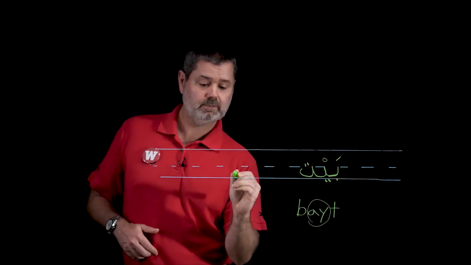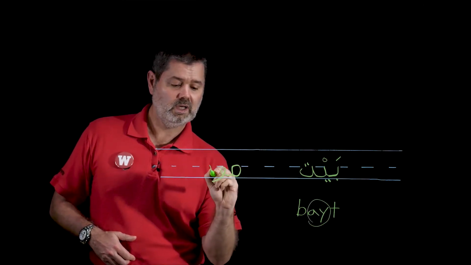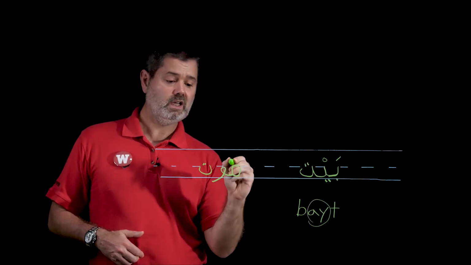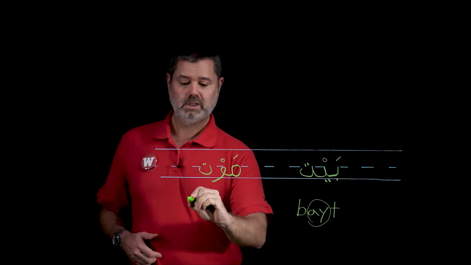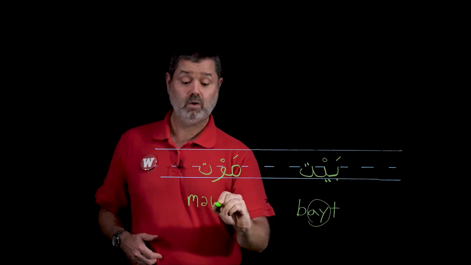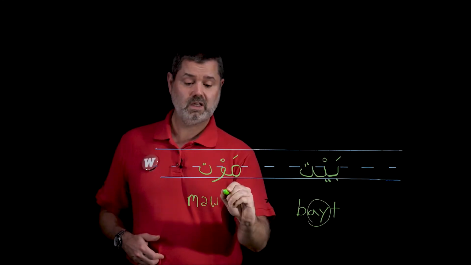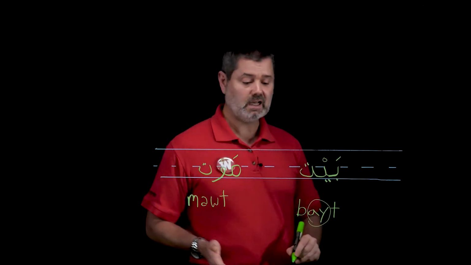Well, let's take a look. Meem, waw. Okay, you might say that's moot if it was a long vowel, but what if I do this? Well, I have a meem, I have a fatha, I have a waw, nothing in between. That's what that sukoon's telling me, and I have a ta, mawt, mawt.